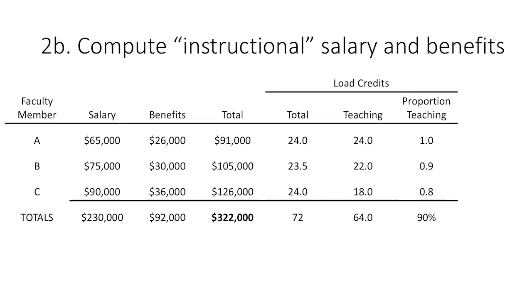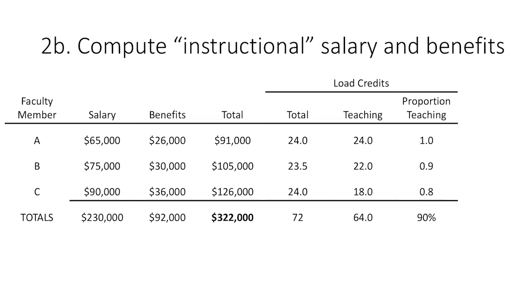Then for faculty member C, we see that the faculty member had 24 load credits total assigned to her, but 18 of that was for teaching. The other 6 was for what? Right, administrative assignments. And so faculty member C, probably the department chair, is in teaching assignments 80% of the time.